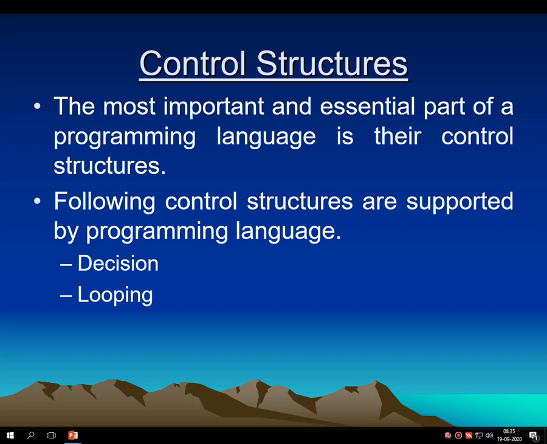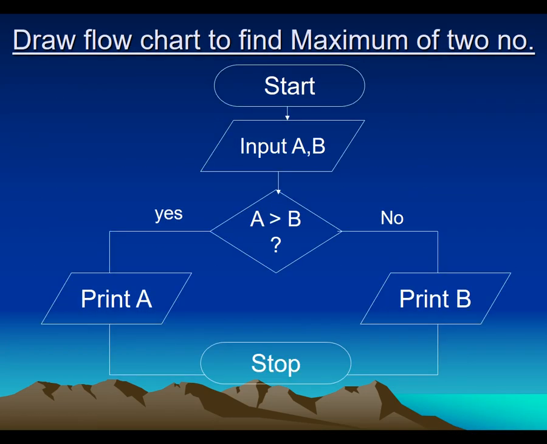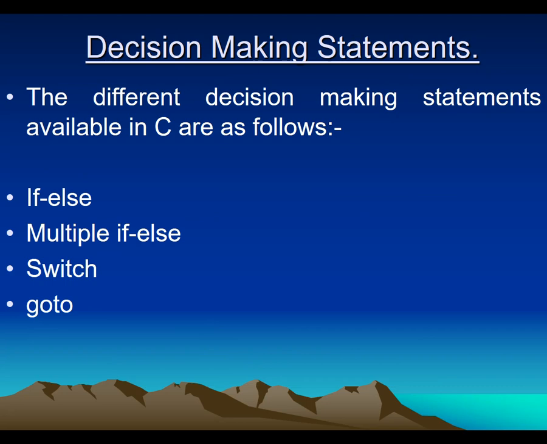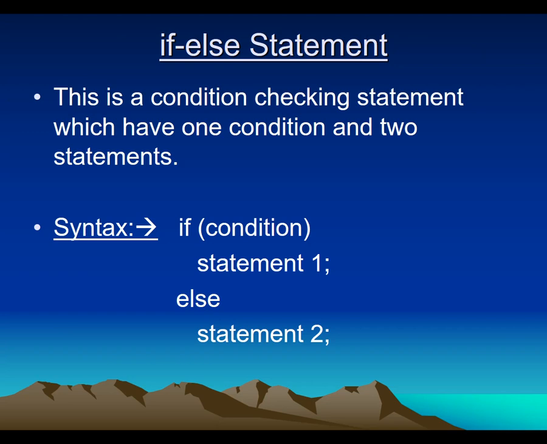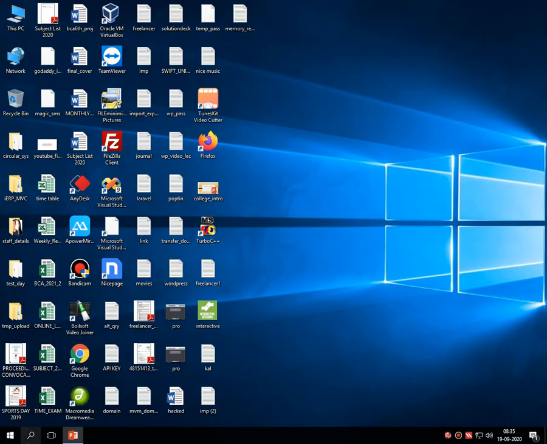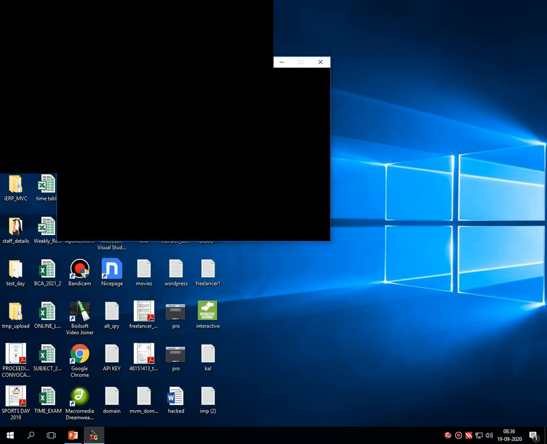In decision making, various subtypes of decision making statements are available, like if else, multiple if else, switch and goto. Then we discussed the syntax of if else and wrote a few programs related to the if else statement. Now let's continue the discussion by introducing some more new programs.